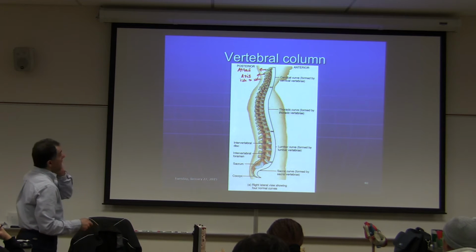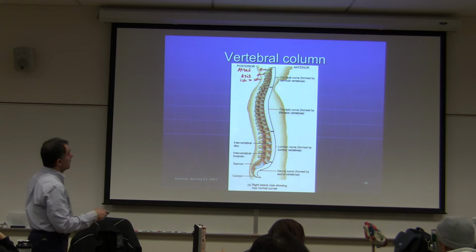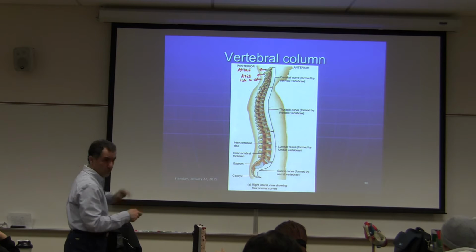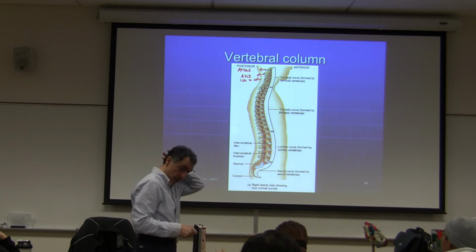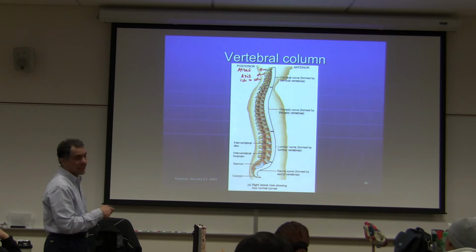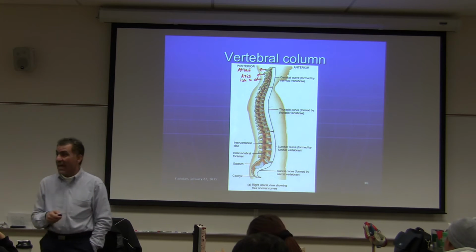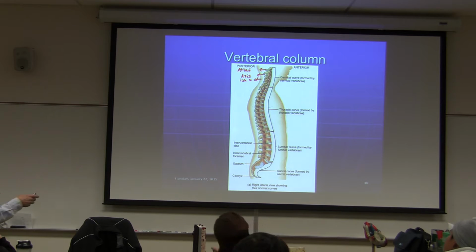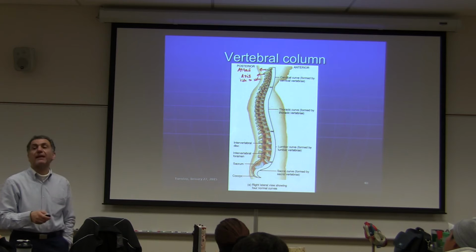The other bones, your vertebral column bones, that I would like you to know: the very first bone right here in the area of your neck is called the atlas, and the second one is called the axis. The atlas is the bone that allows your head to move front and back.